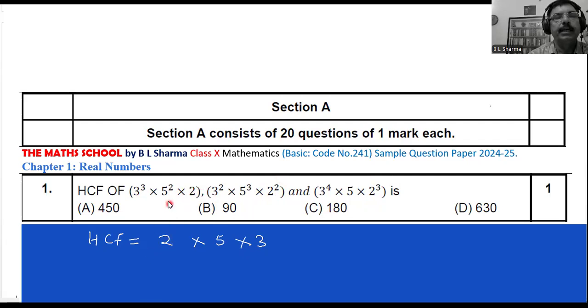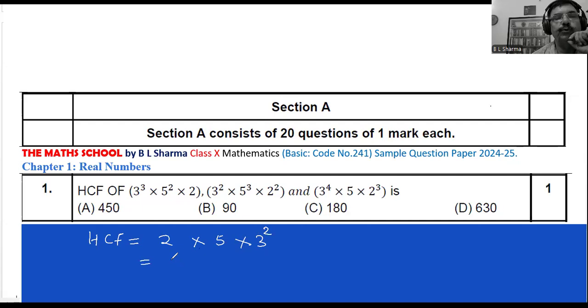Now, the lowest power of 5: 5 power 2 is here, 5 power 3 is here, and 5 power 1 is here. Which is lowest power? 5 power 1. And for 3, we have to see the lowest power: 3 power 3, 3 power 2, and 3 power 4. So the lowest power here is 3 power 2.